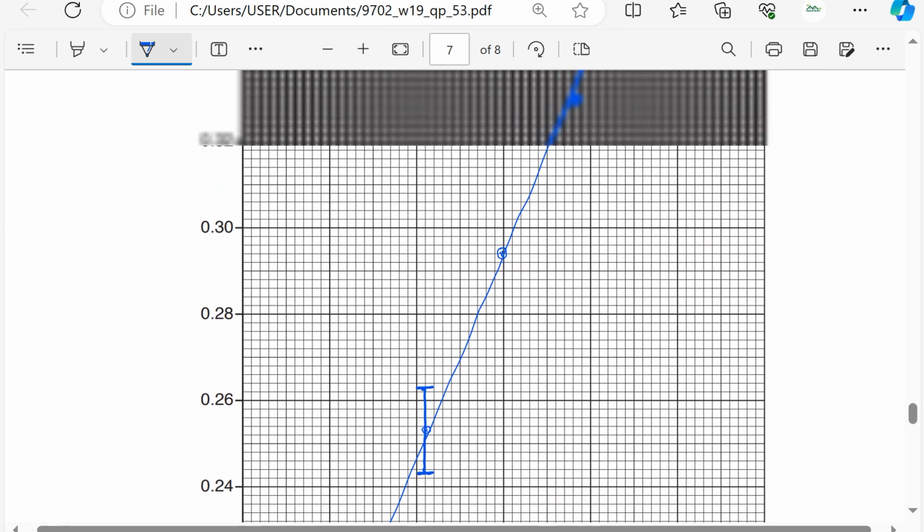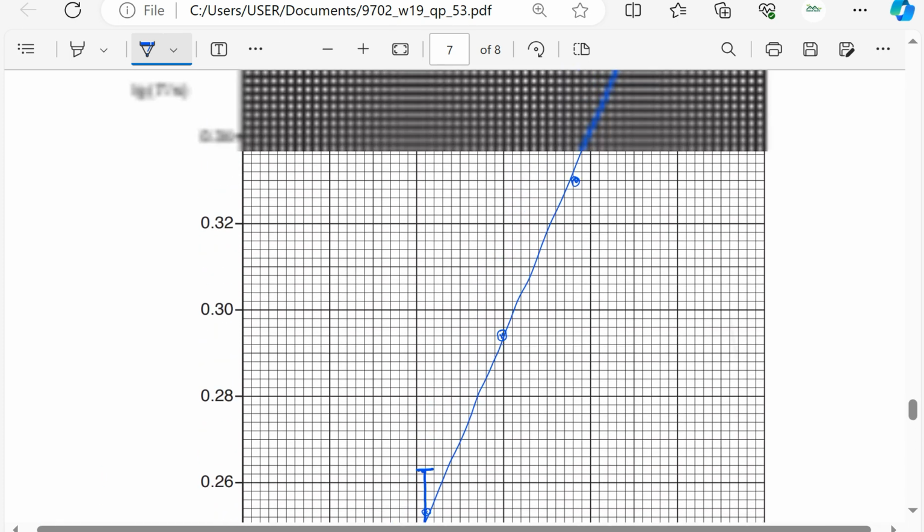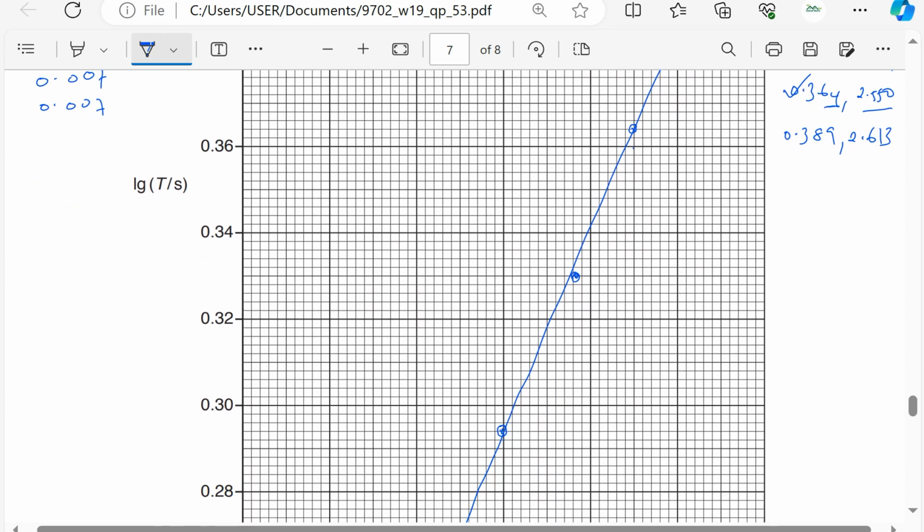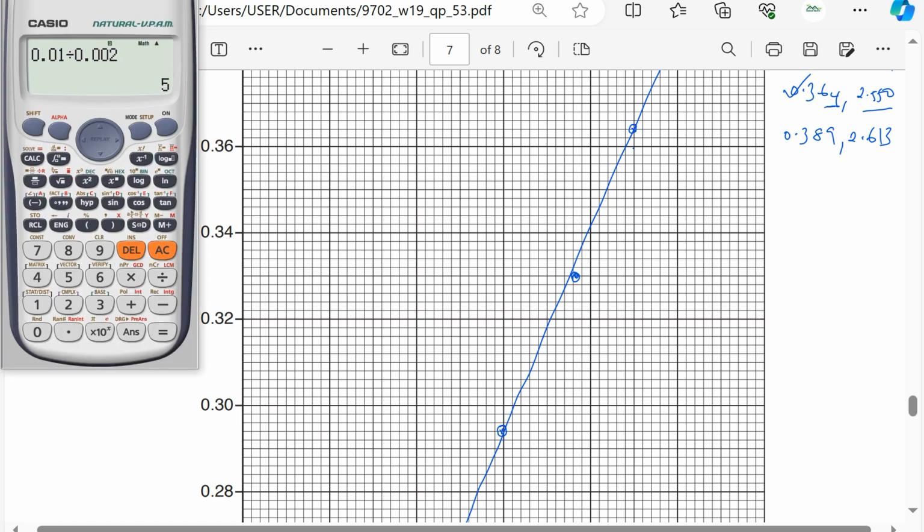Then the next error bar was 0.009. I'll check with my calculator. 0.009 divided by the scale 0.002. Those are 4.5 small squares.